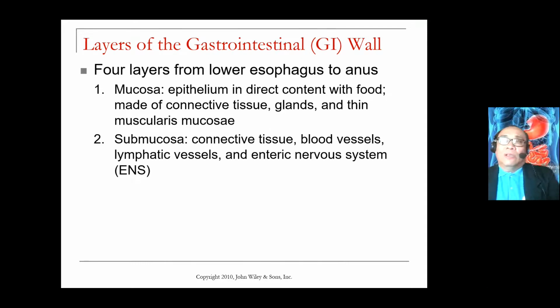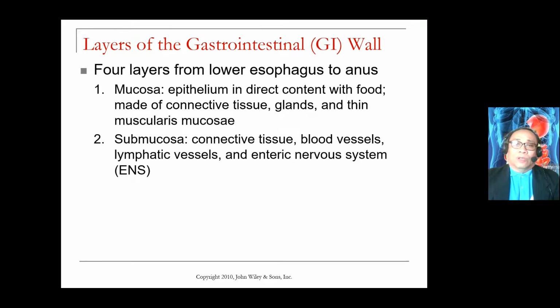Now, when you reach the vicinity of the intestine, it remains a simple columnar epithelium all throughout the small and the large intestine, with certain differences with regard to how food and water are secreted or absorbed, as well as secretion of different kinds of substances.